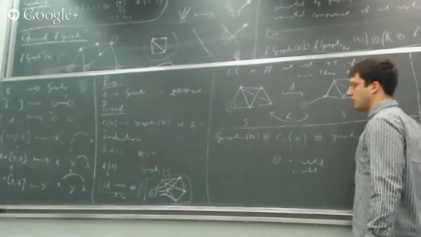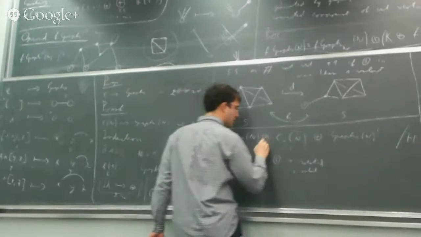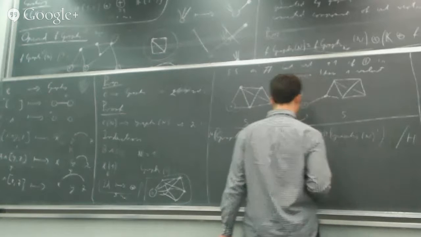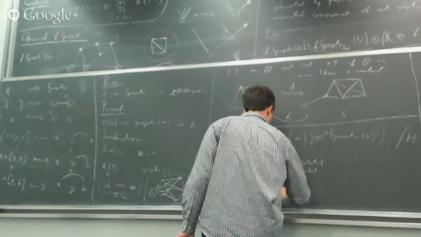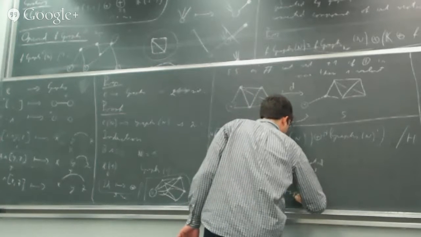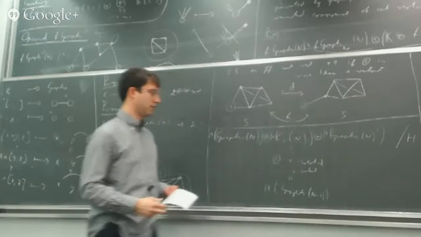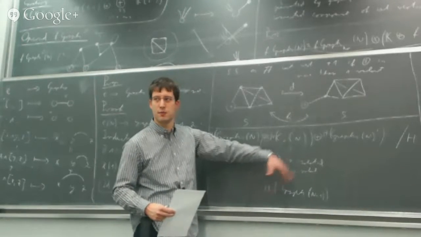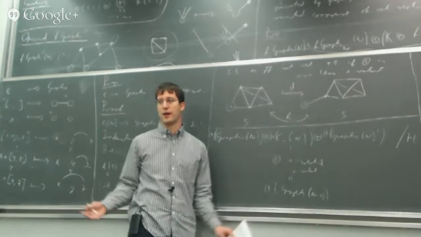Okay, so if I take homology of everything, homology of this equals homology of this plus homology of this. But homology of this thing is equal to homology of graphs n-1, because the differential just ignores 1 and works with the rest as if it's of arity one less.